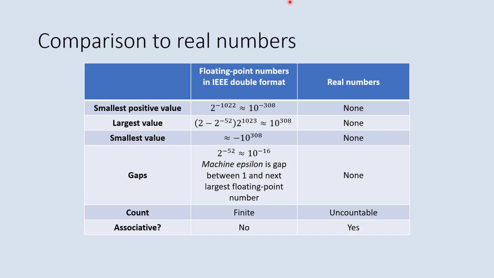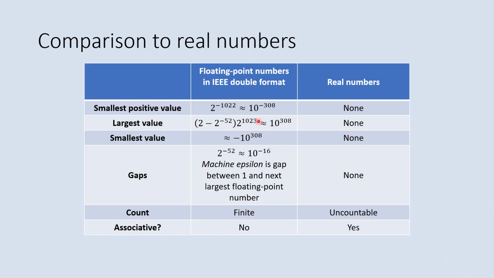All right, there is a largest value in the IEEE double format. The largest value, fitting in the pieces that are described in the standard, gives us a number that's about equal to 10 to the 308th power. The smallest value overall would be the negative of that, right? Negative 10 to the 308th. And in both cases, there is no largest or smallest real number.